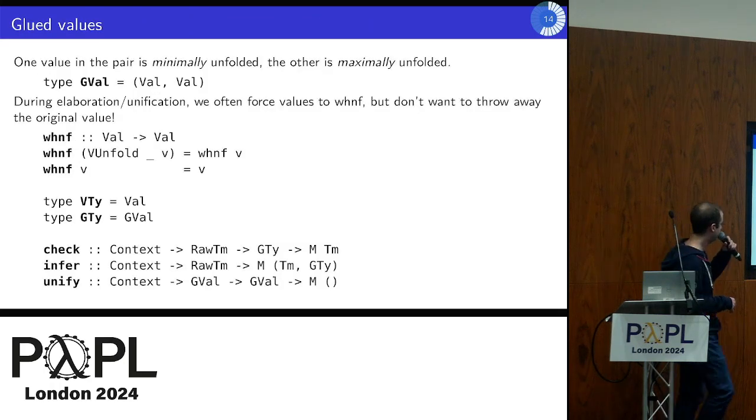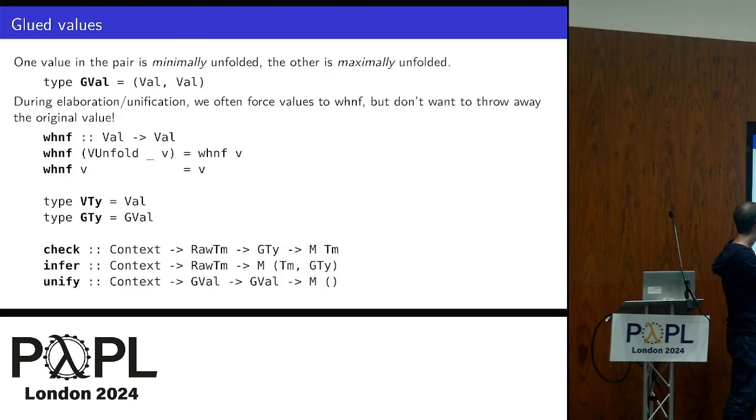So for example, it can happen. We just want to do unification, and one of these values is actually something which is a nesting of v-unfolds, potentially a very deep nesting of v-unfolds. And then the way that we implement this unification algorithm is that maybe we force one side and we look at, is this a metavariable? And if this is a metavariable, we want to solve it with the other side.